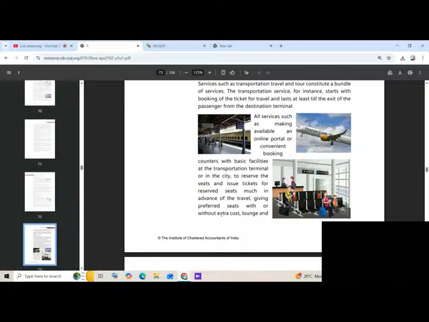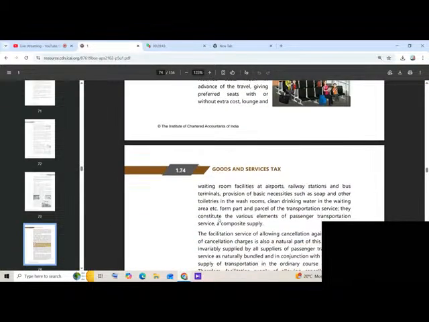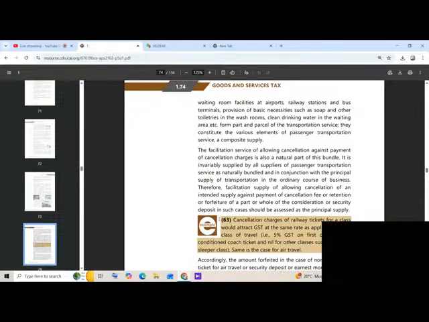All services such as making available an online portal or convenient booking counters with basic facilities at the transportation terminal or in the city to reserve the seats and issue tickets for reserved seats much in advance of the travel, giving preferred seats with or without extra cost, lounge and waiting room facilities at airports, railway stations, and bus terminals, provision of basic necessities such as soap and other toiletries in the washrooms, clean drinking water, form part and parcel of transportation service.